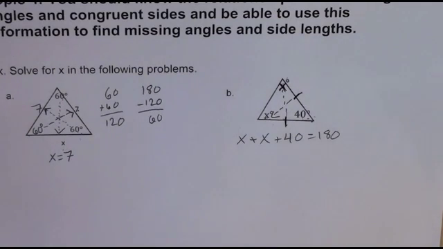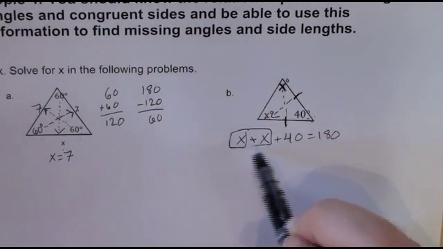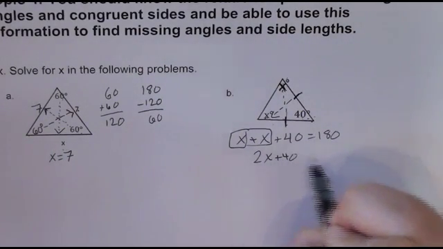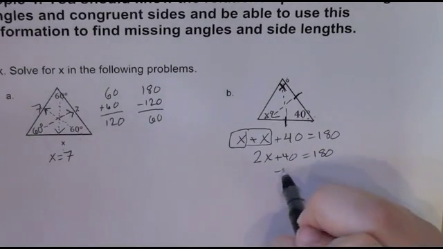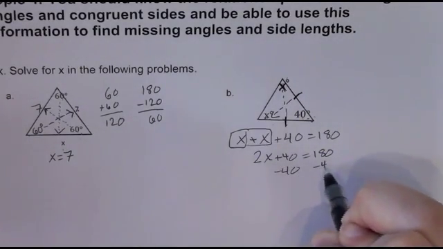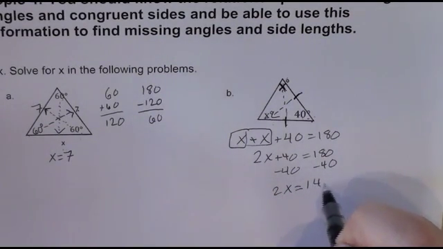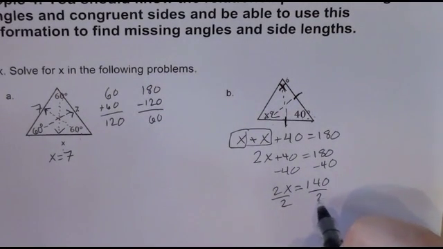And now you can use your algebra skills to solve. X plus x is 2x, plus 40 equals 180, combining like terms. Subtract 40 from both sides. 2x equals 140. Divide both sides by 2, and x equals 70.